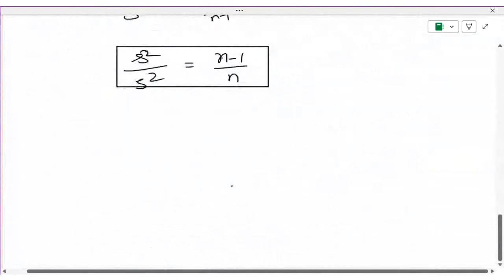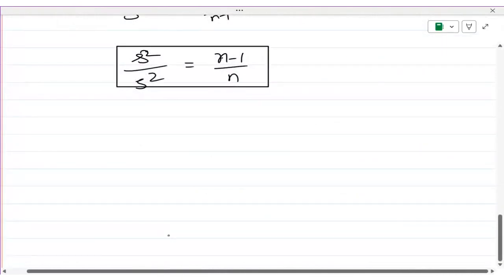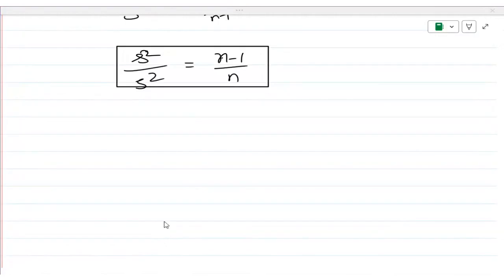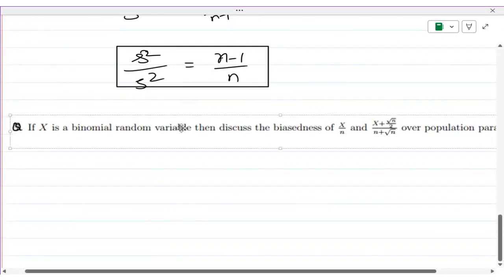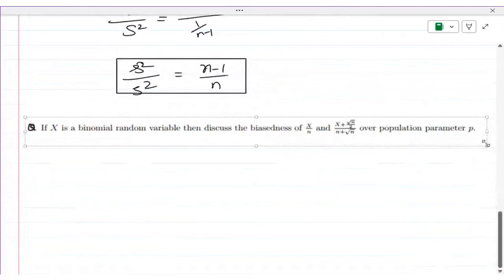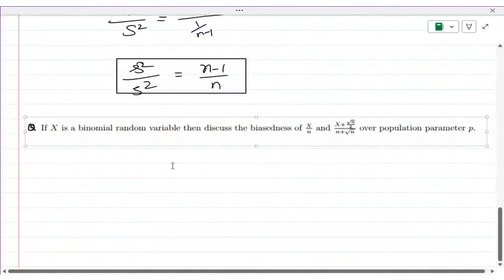Okay, students, there are some exercise problems that you need to do. So let me give these to you as an exercise. So the first exercise is this one. If we have not done this, okay, this is the first exercise. So you can note down.